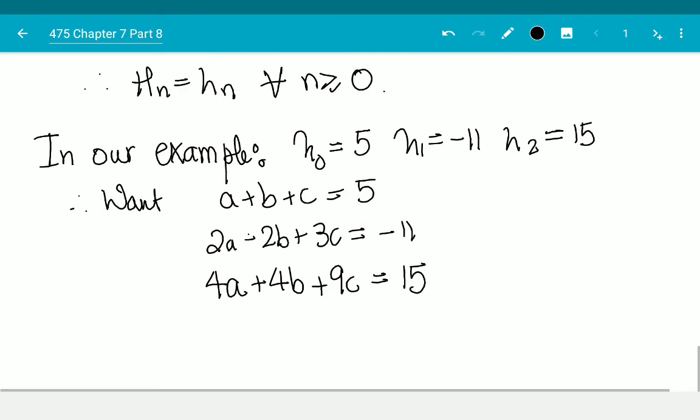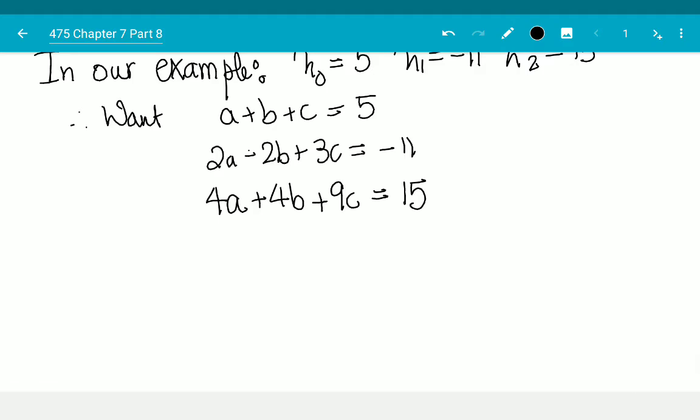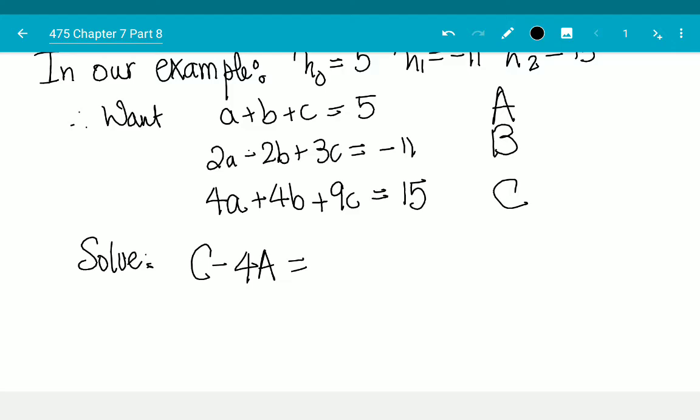Now I hope you guys are able to solve this system of linear equations. For this specific one, I am going to show you how to do it in case you have forgotten and need a refresher. I am going to call these equations A, B, and C. C minus 4A: 4 times A is 4a plus 4b plus 4c.